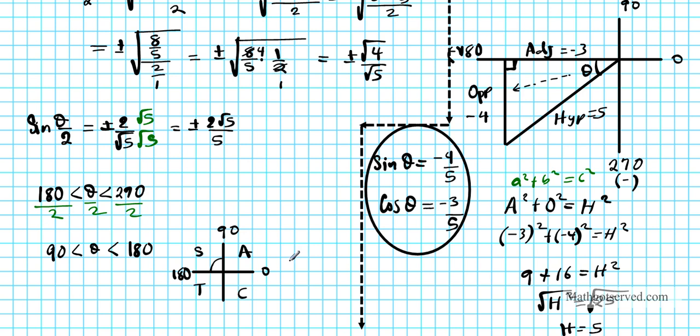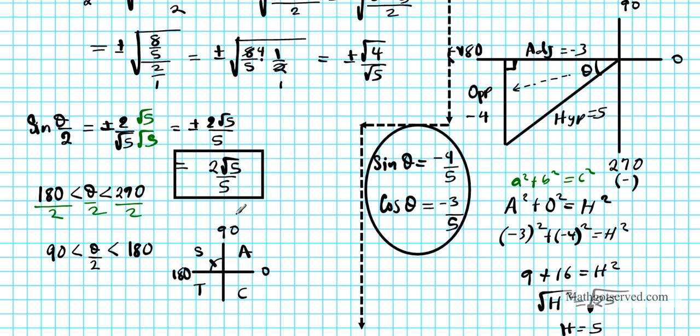Remember, we're looking at theta over 2 here. So S means sine and cosecant are positive. So since we're dealing with sine here, we have a match. Hence, this result is positive. So this answer is going to be 2 root 5 over 5. Positive 2 root 5 over 5 will be our answer for sine theta over 2.